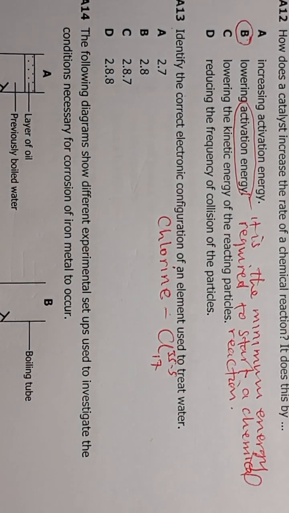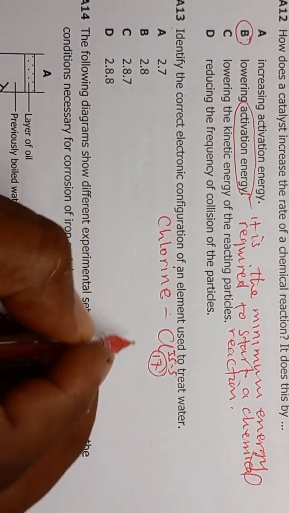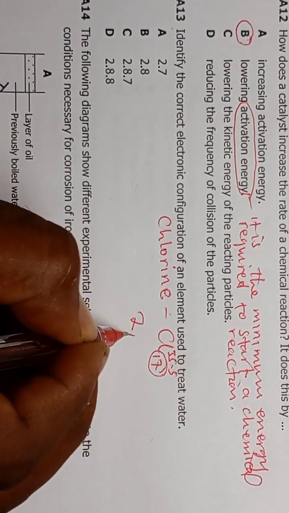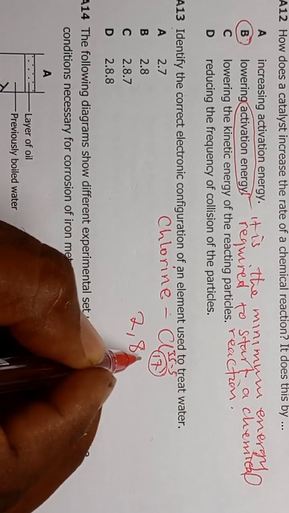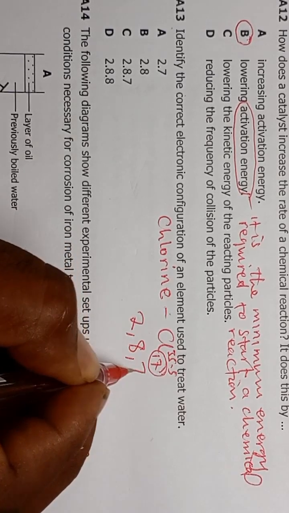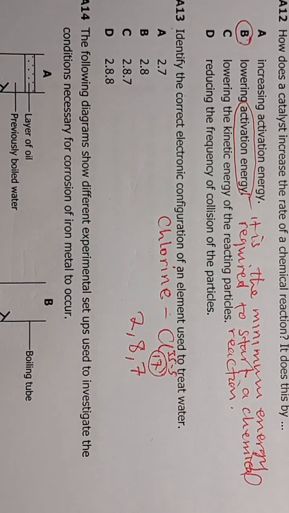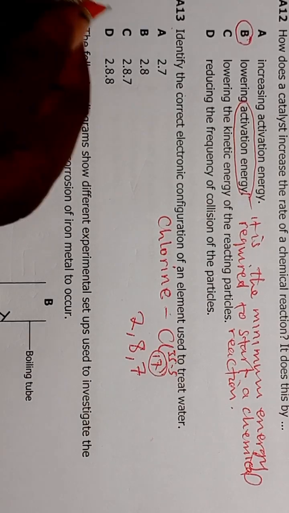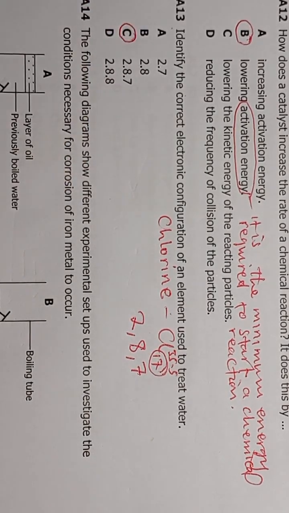So the demand is a correct electronic configuration. So the first shell, it has 2 electrons, second 8, 2 plus 8, 10. 17 minus 10, we have 7 electrons in the outermost shell. So the answer is C.